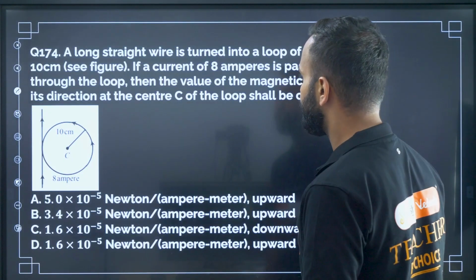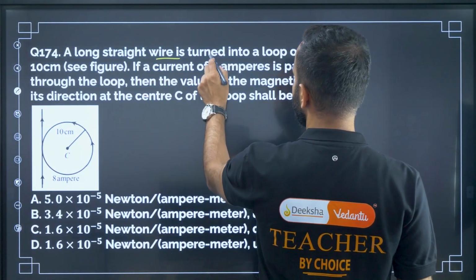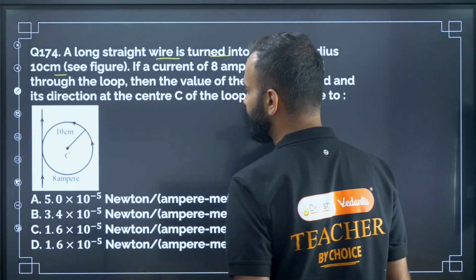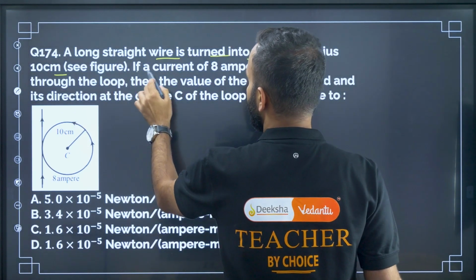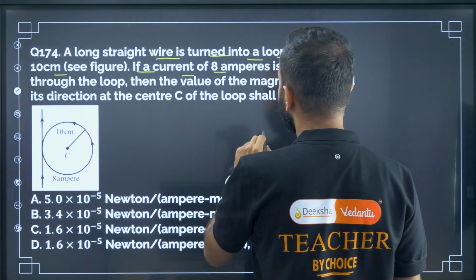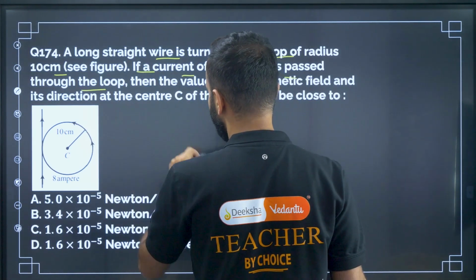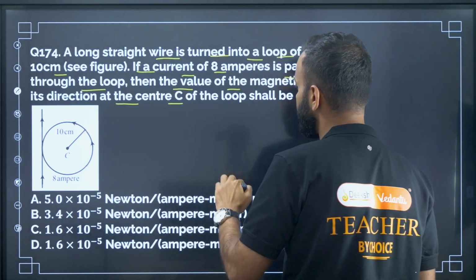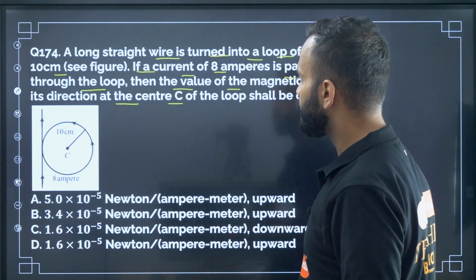Question number 174. A long straight wire is turned into a loop of radius 10 centimeter. If a current of 8 ampere is passed through the loop, then the value of the magnetic field and direction at the center C shall be close to.